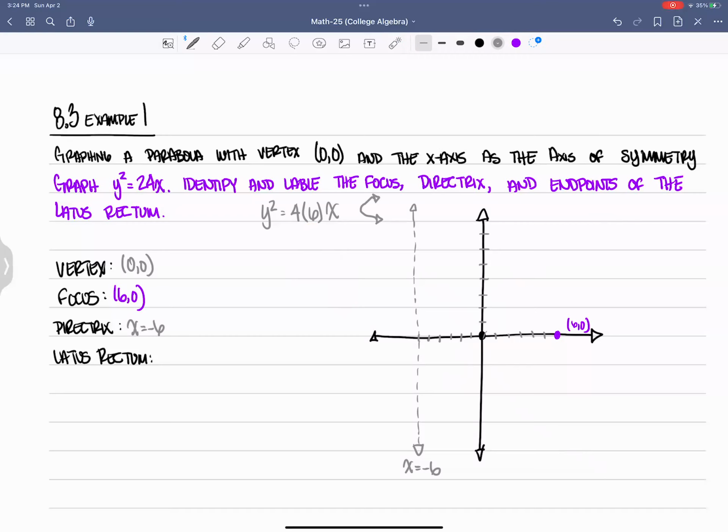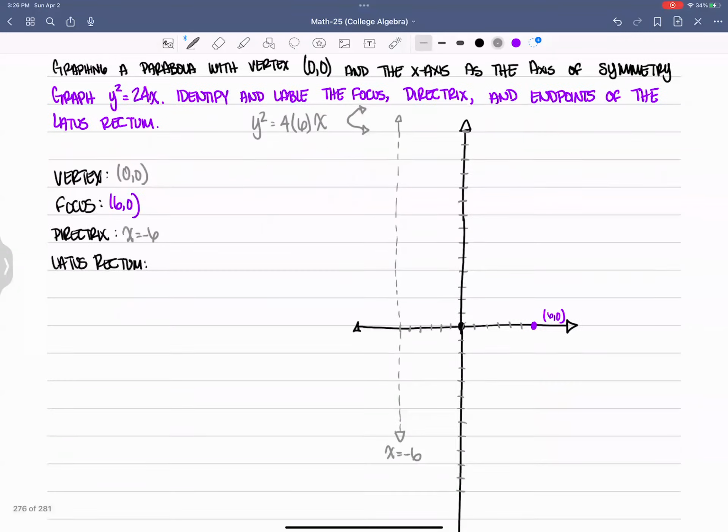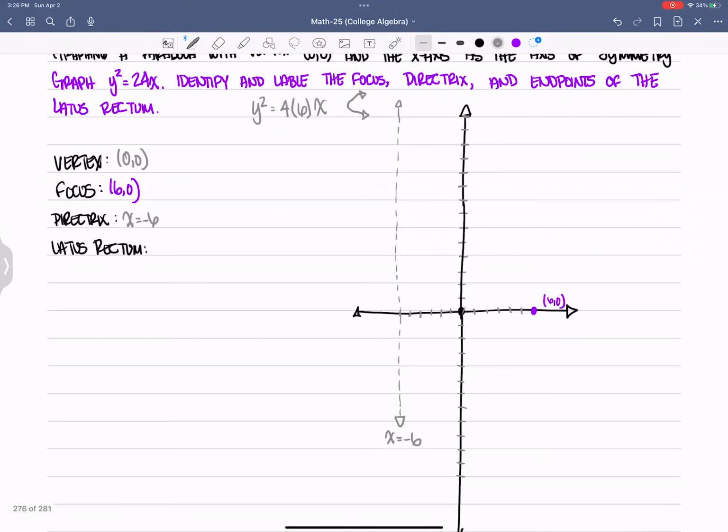And we don't have enough room. All right, so 2, 4, 6, 8, 10, 12, 14. Actually, we just had to go out 12 units. So here and here, 12 units there.